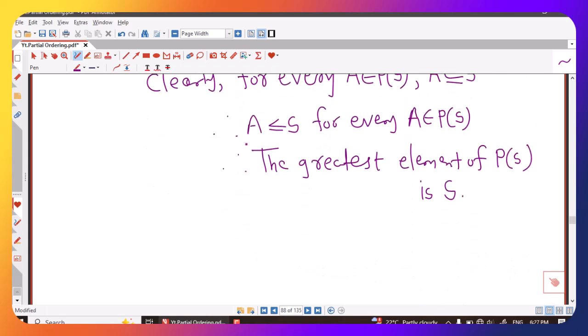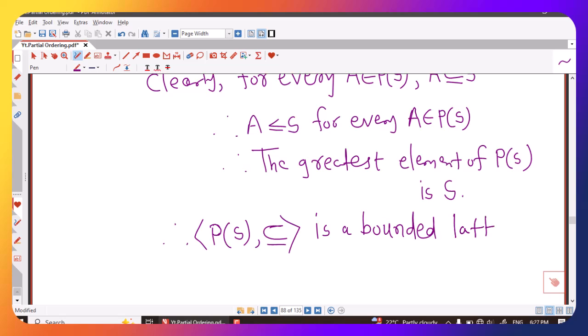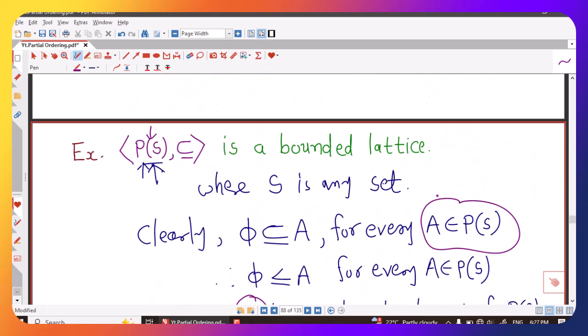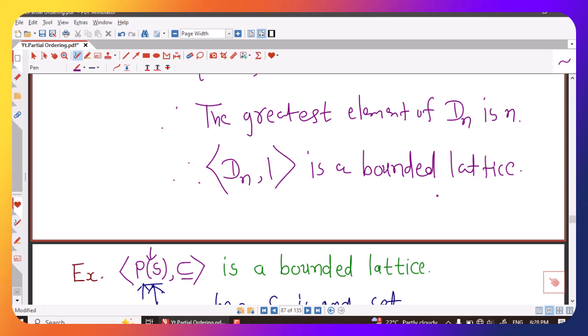That means power set of S has greatest element as well as least element. Therefore, power set of S with inclusion relation is a bounded lattice. So we have another example of a bounded lattice, power set of S with inclusion relation.